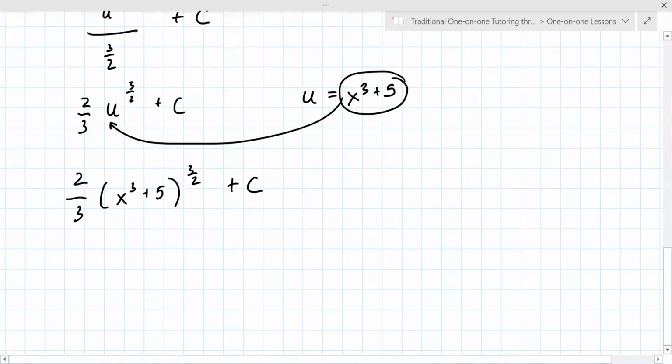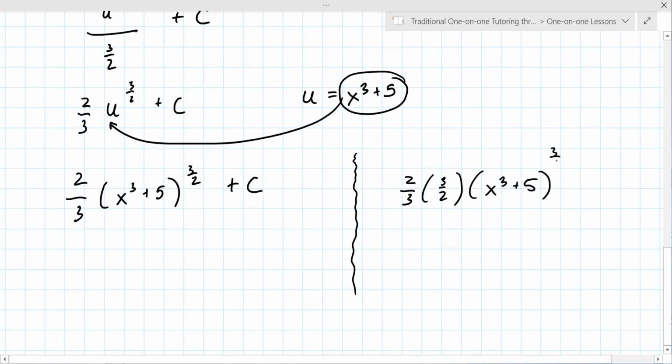Now, if you understood this or got this far, if we were to take the derivative of this, you should get back to the original. So the derivative of this is bring the 3/2 down, (x cubed plus 5), you subtract 1 from the exponent. Then you take the derivative of the inside function, which is 3x squared.